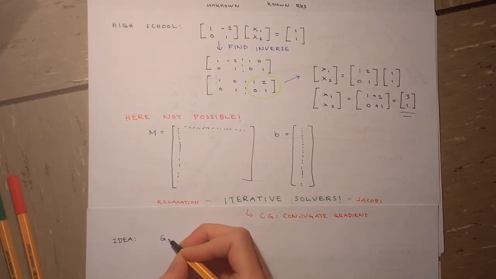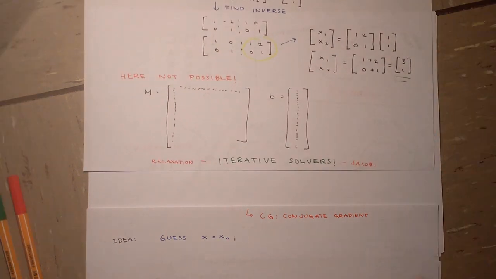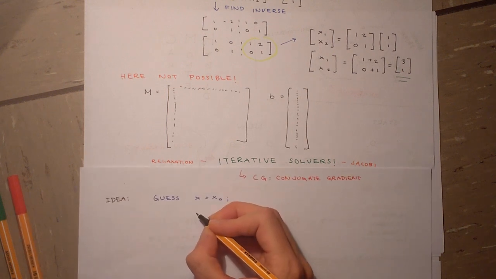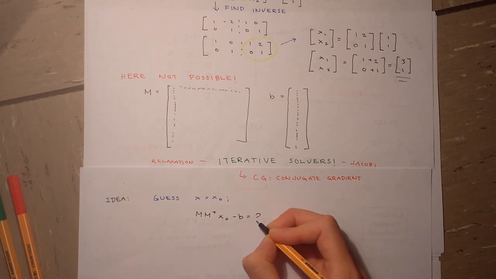If we don't have some kind of very strange, crazy matrix, after some number of iterations, hopefully we're going to have a good enough guess for x that we can all agree is close enough to the actual solution.